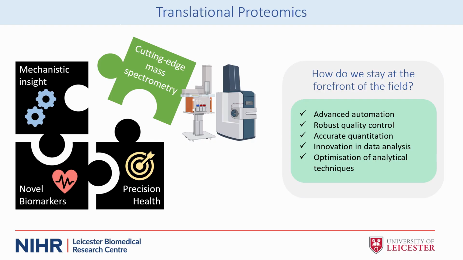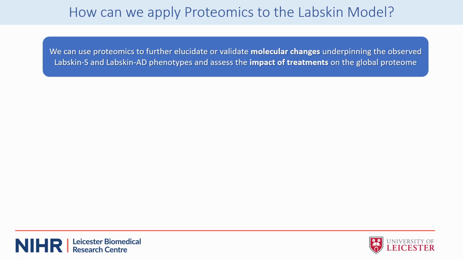And that means developing highly automated workflows, improving analytical methods, and innovating in data analysis, all of which we've used in this collaboration with Labskin. And the potential of proteomics in the Labskin model is massive. In this particular case, we wanted to further elucidate or validate molecular changes underpinning the observed Labskin-S and Labskin-AD phenotypes. But of course, we can also use proteomics to assess the impact of treatments on the global proteome.